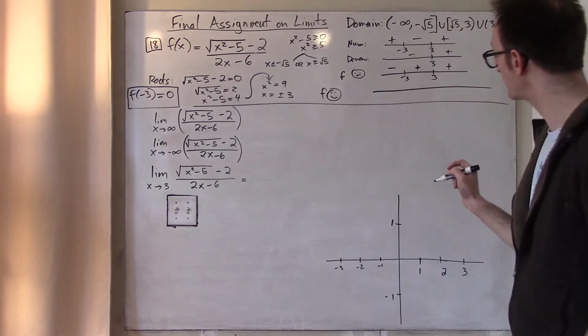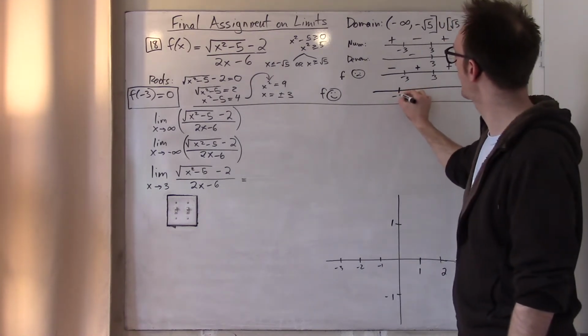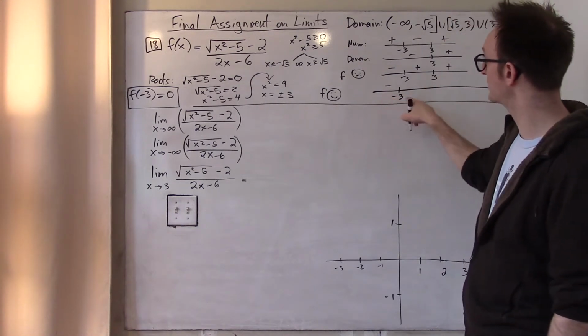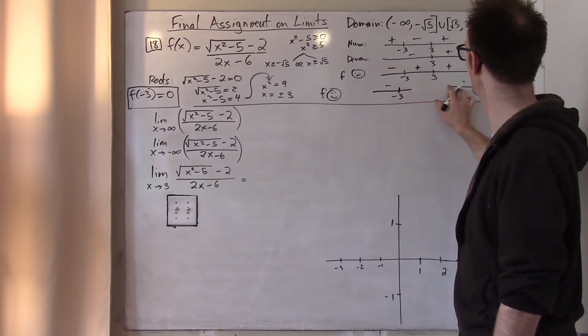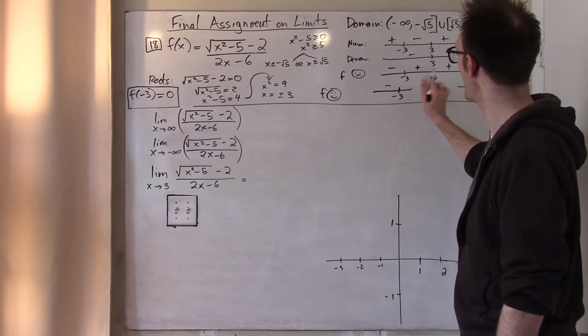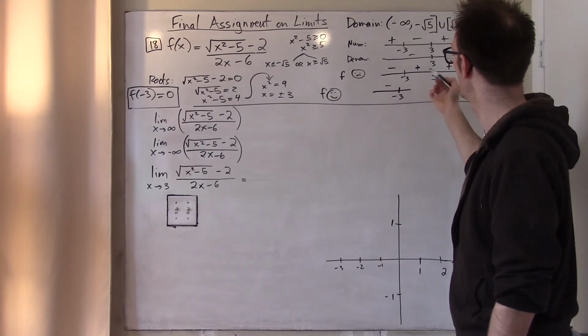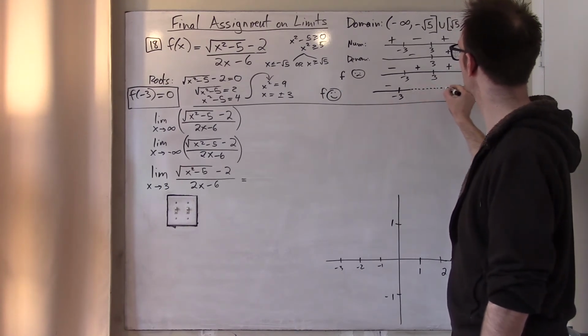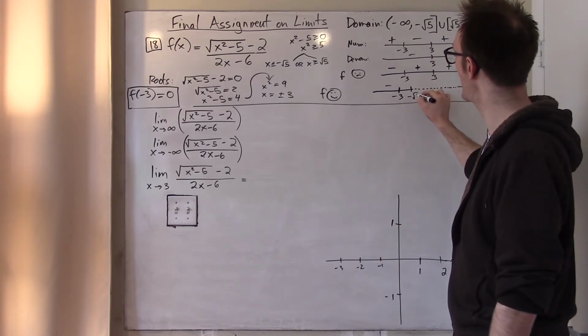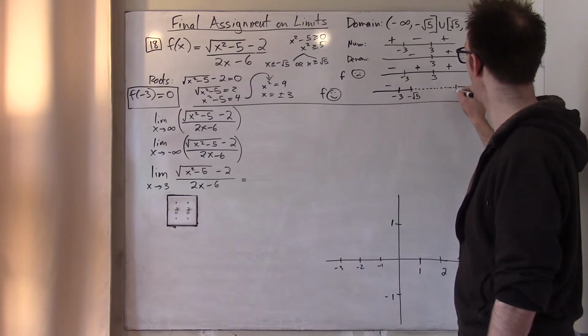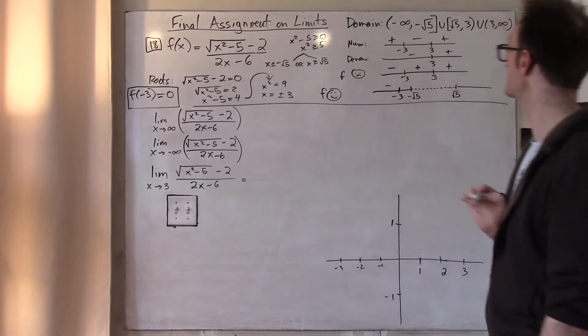Everything I just said above was correct, except for... So it is true that it's negative to the left of negative 3, but then, and maybe now I'm going to introduce a dot or something, in between negative root 5 and root 5, the function just doesn't exist.